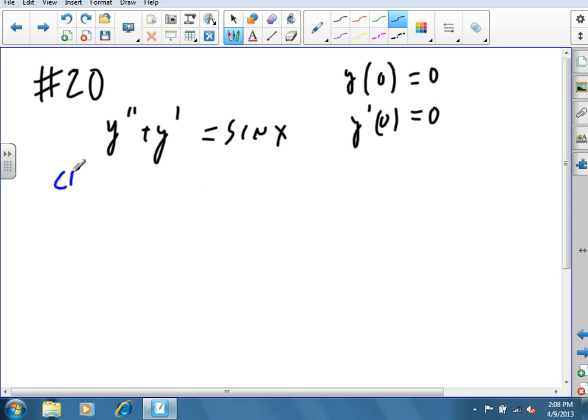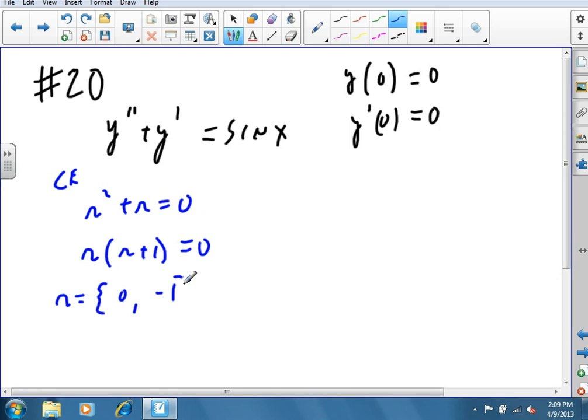I have a characteristic equation: r squared plus r is 0. I have r times r plus 1 is 0. r is equal to solution set 0 or minus 1. y sub c, the answer to the characteristic equation, is c1 plus c2 e to the minus x.